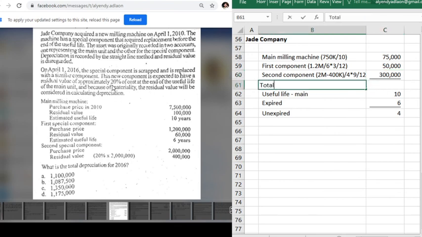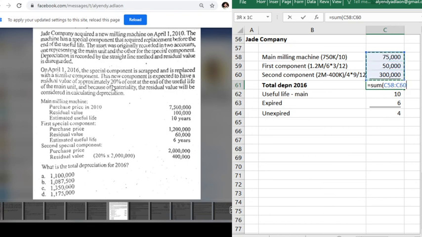So how much is the total depreciation for 2016? We have 75 plus 50 plus 300,000, and that is 425,000 pesos. Alright? Okay, sorry, there is a mistake here.